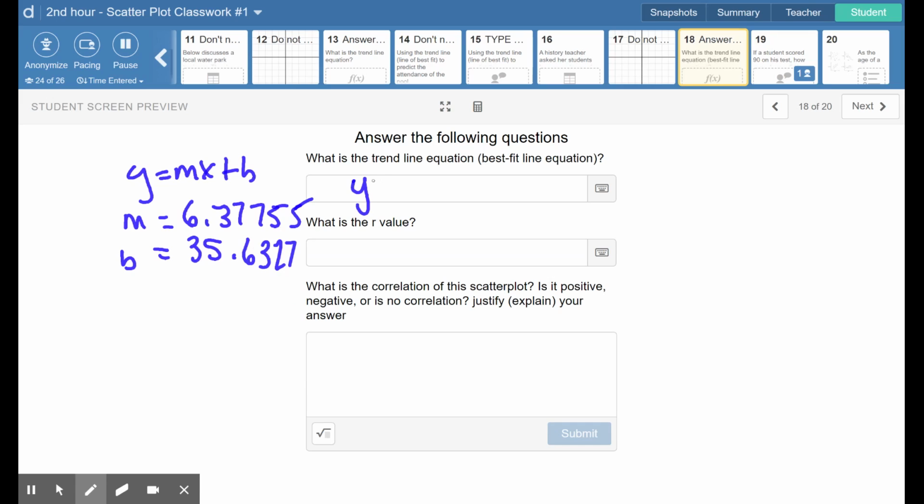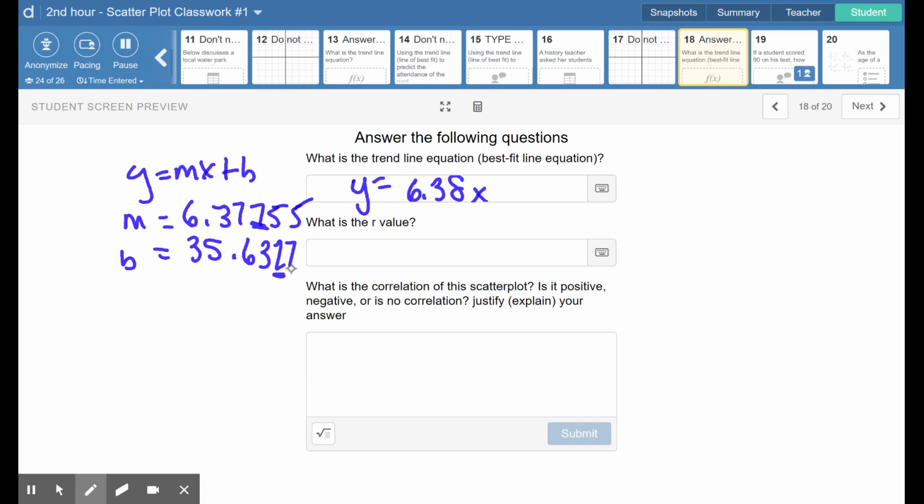So we're just going to write y equals, I want to the nearest hundredth, so we have to look at this 7. It's bigger than 5, so I'm going to round up. So it's 6.38. Don't forget the x value.